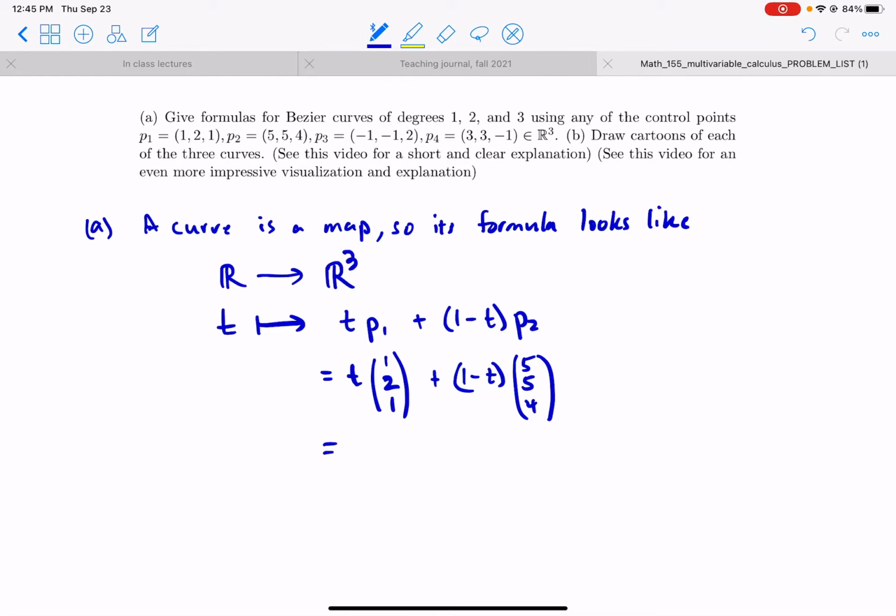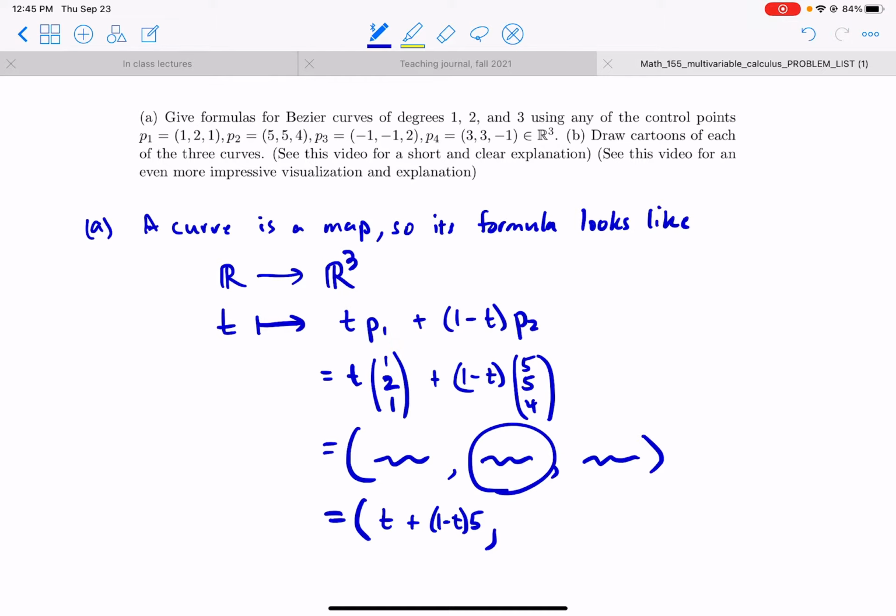so that means we usually write it as something, something, something. So let's translate. What is the first coordinate? Well, it's t times 1 plus 1 minus t times 5. That is the first coordinate function.